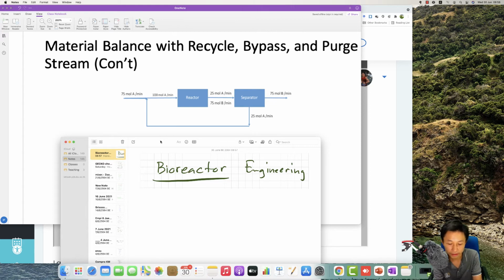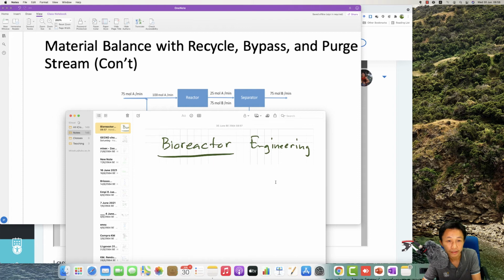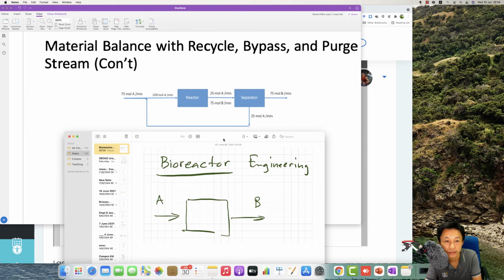Single pass is just you draw this picture. Your reaction is from A to B. Reaction is from A to B. So single pass is this one.